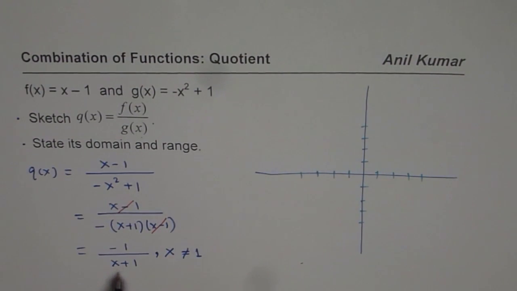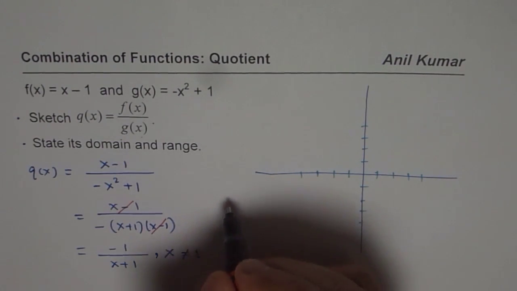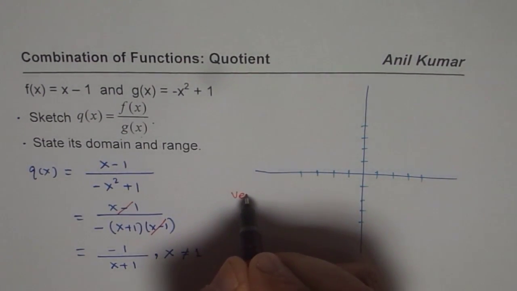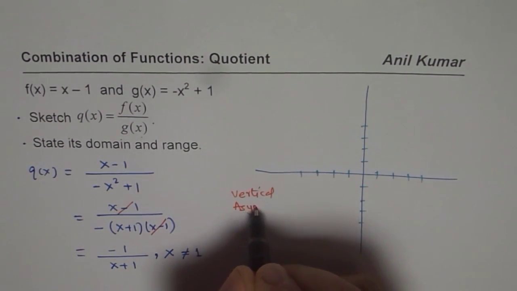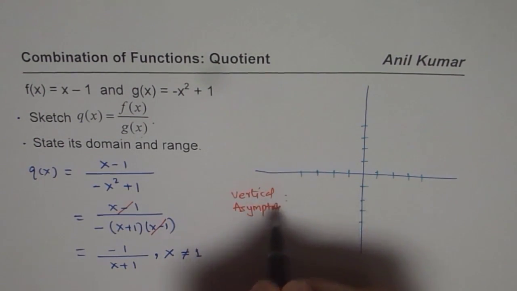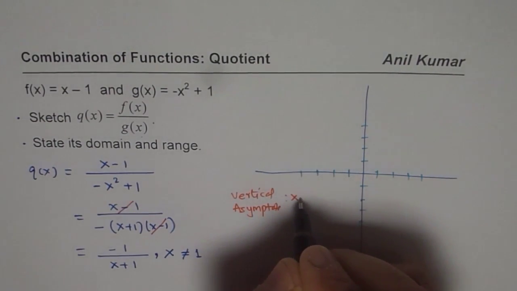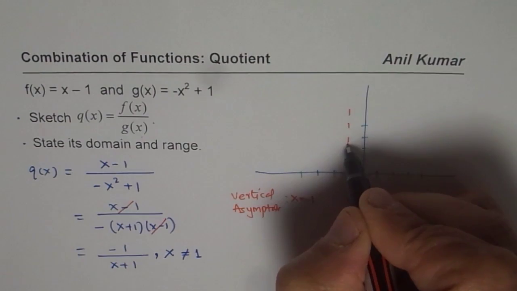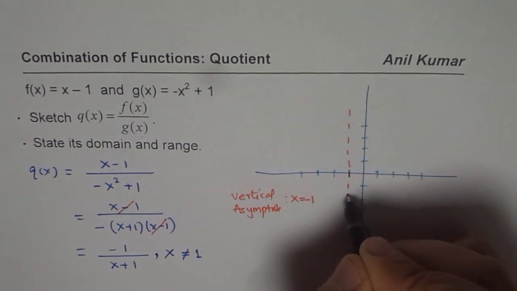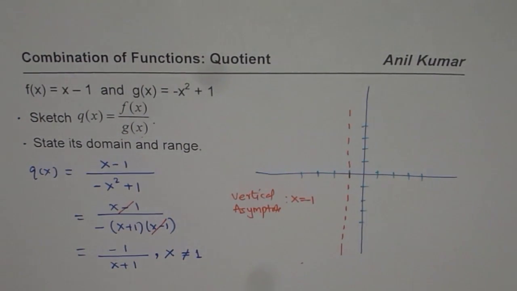Okay, let's begin with the vertical asymptote. So to sketch, we will write the vertical asymptote is at which point? At x equals minus 1, right? So at minus 1, we have a vertical asymptote. Let me sketch this here. Now if I take x as 0, then I get the value as minus 1.